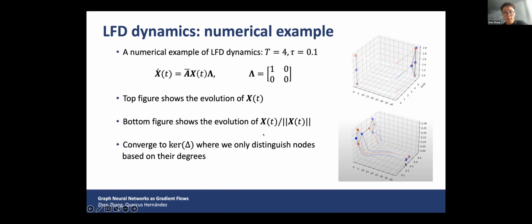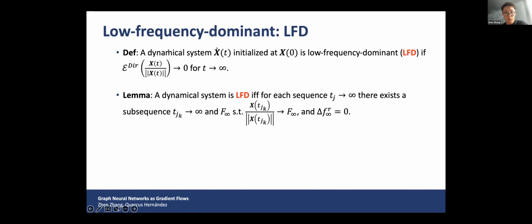So basically this inspires them to propose the so-called LFD dynamics mathematically. They define a dynamical system initialized at an initial point to be low frequency dominant, or LFD, if the Dirichlet energy of the normalized x converges to 0 as time goes to infinity.